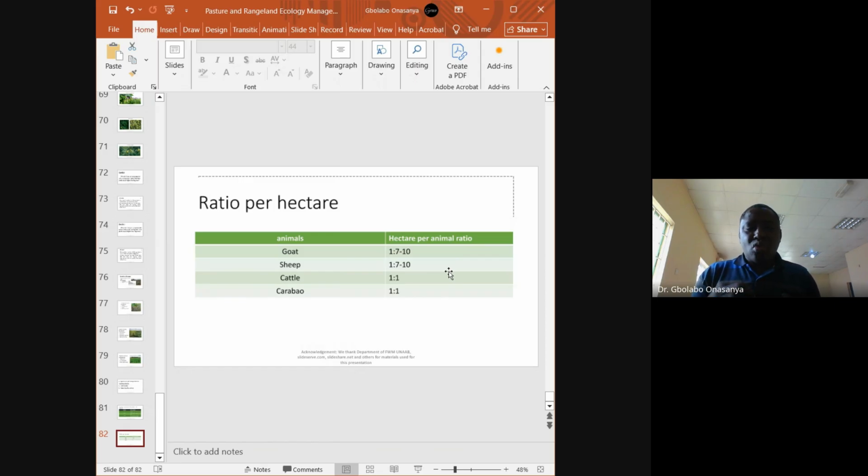If it is sheep, 1 to 7 ratio, 1 to 8 ratio, 1 to 10 ratio. If it is cattle, 1 to 1 ratio. All of this is informed by the carrying capacity. You need an understanding of the carrying capacity, the grazing capacity of our pasture land or rangeland.